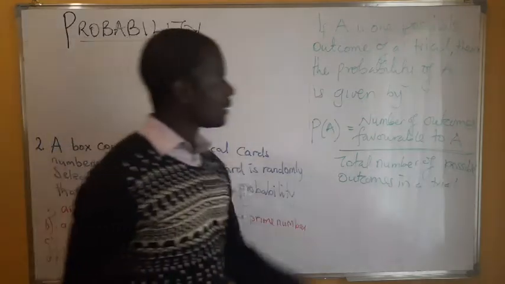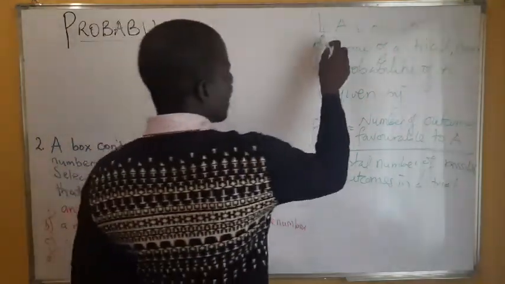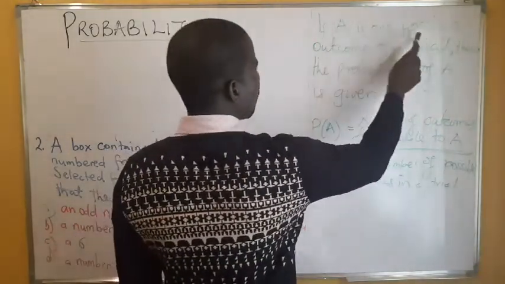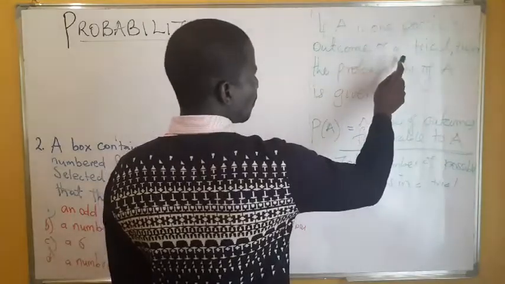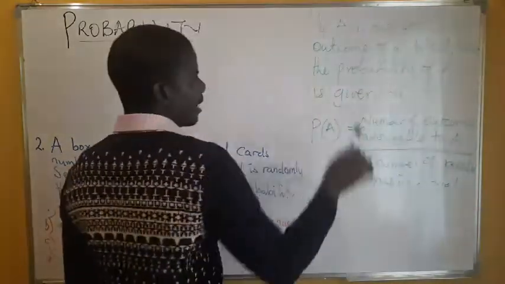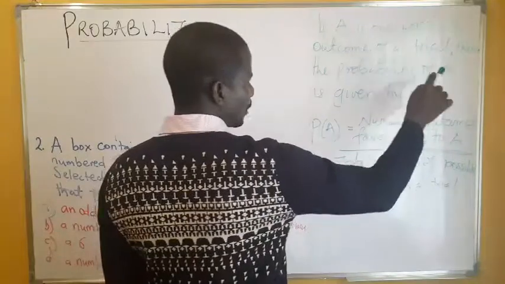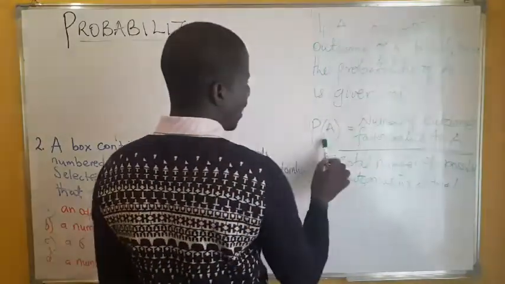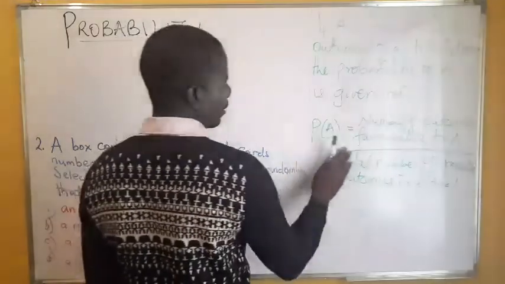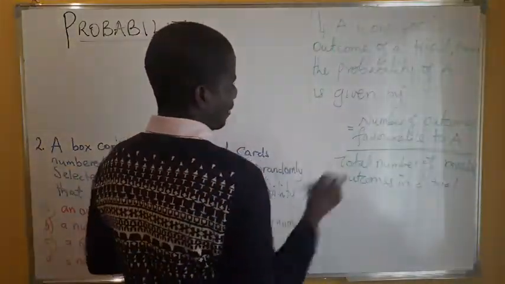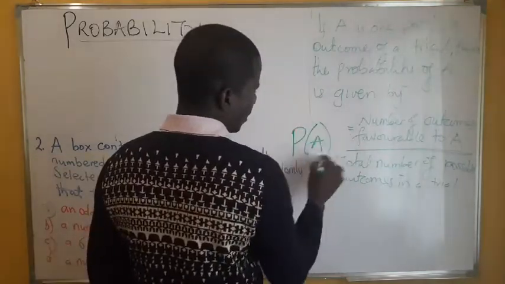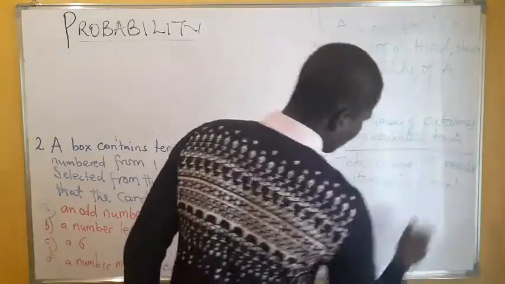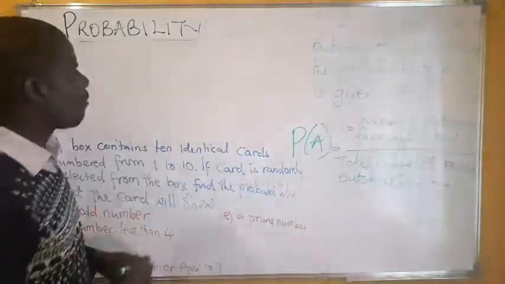If you look at what I wrote here: if A is one possible outcome of a trial, then the probability of A is given by the number of outcomes favorable to A, over the total number of outcomes.